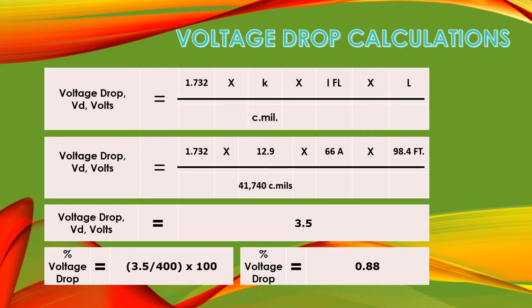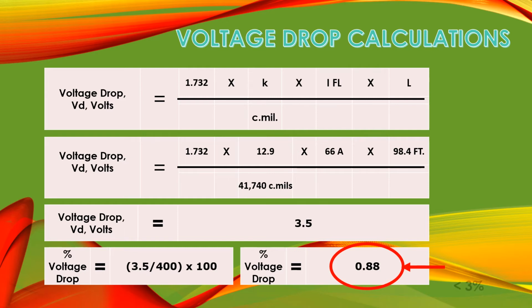As you can see, 0.88 is much lesser compared to 3%, which is the recommended by the code. So that means this conductor size is more than enough to carry the load current in a distance of 30 meters or 98.4 feet.